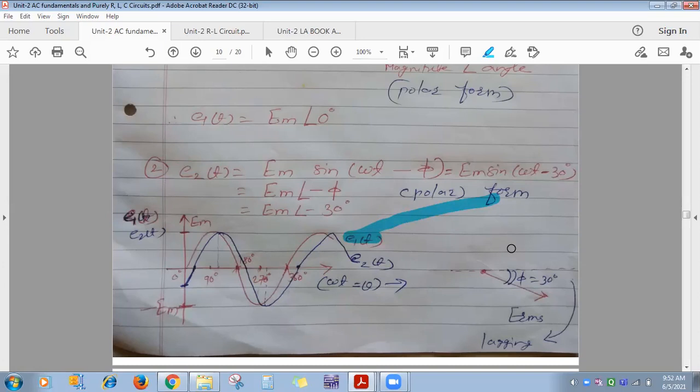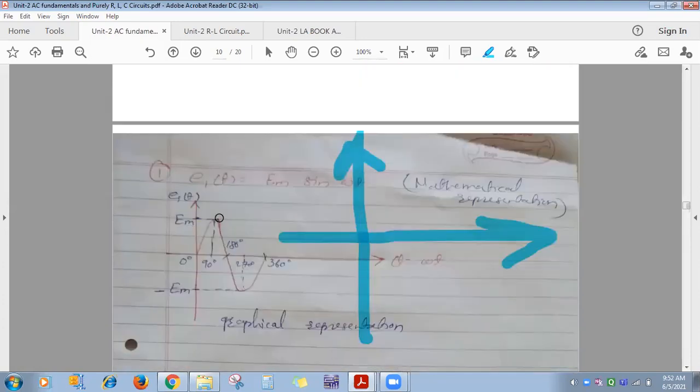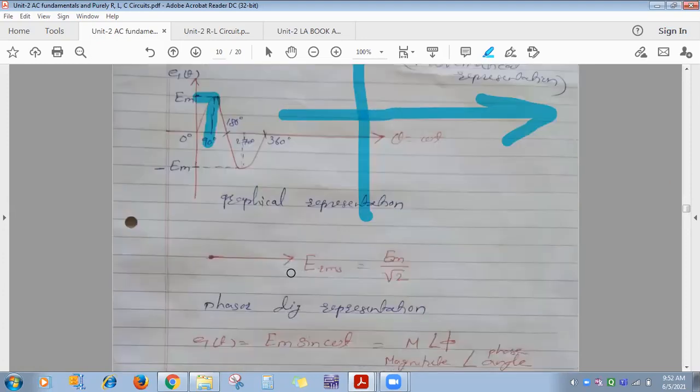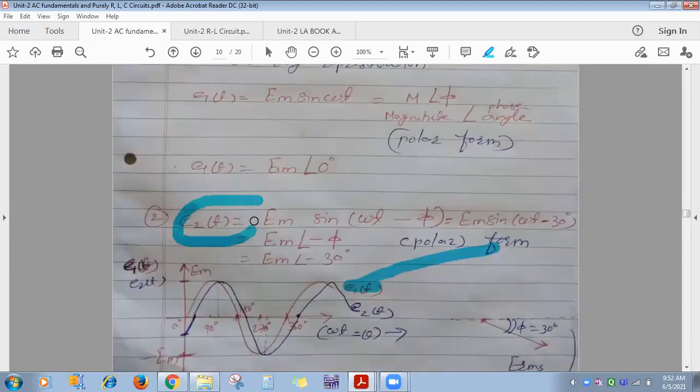E1t, see the previous waveform, its first positive peak occurs at what degree? 90 degrees. Now E2t lags E1t by 30 degrees. What does it mean? E2t's first positive peak will occur at 120 degrees, isn't it? That's what I mean to say.